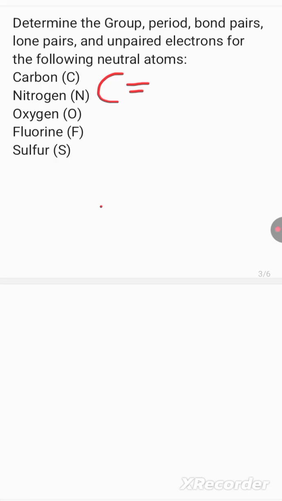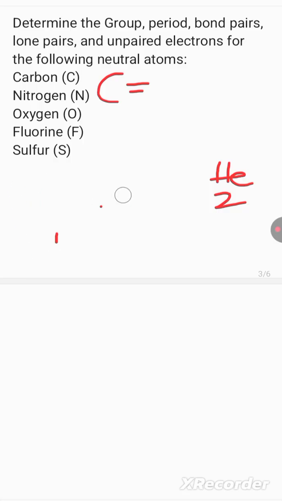For example, hydrogen belongs to group 1 and has atomic number 1. The next one is helium, which has 2. The following one is lithium, which is 3, like that. Beryllium, boron, carbon, like that.